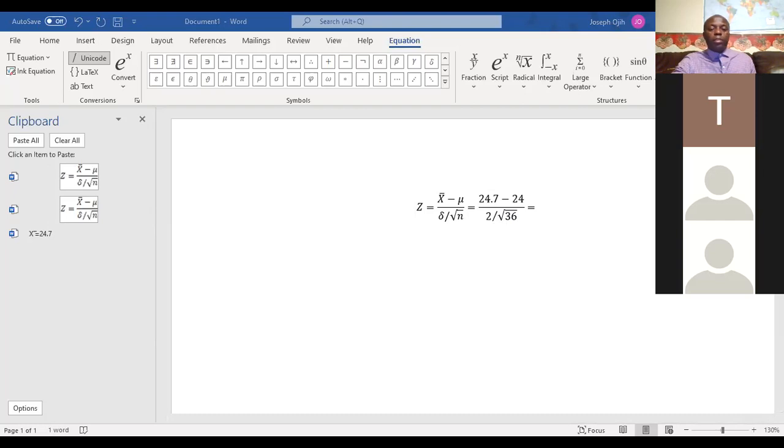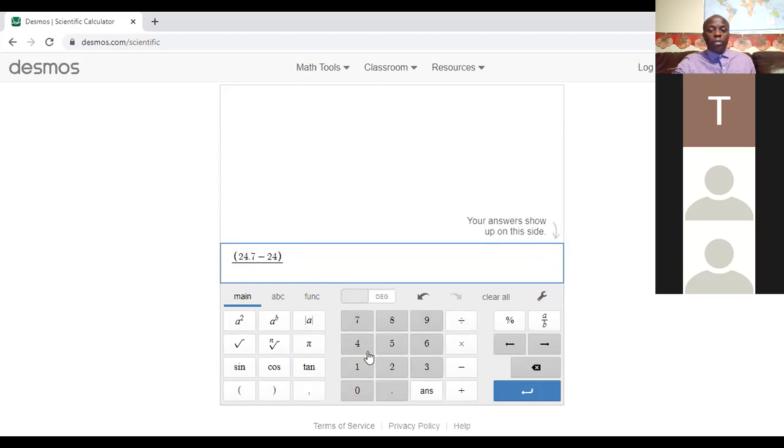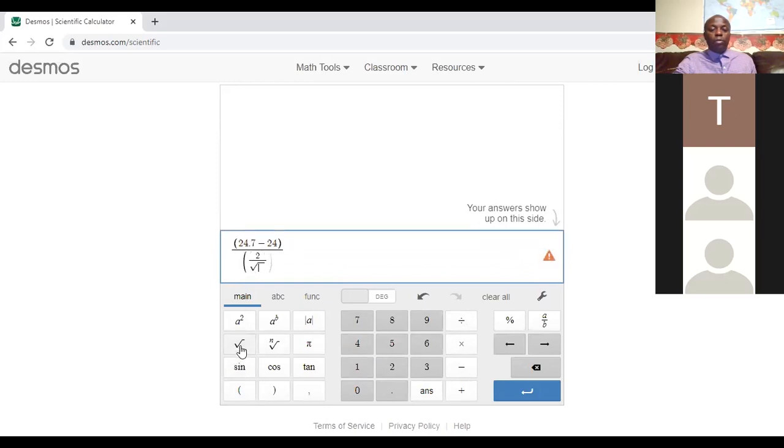So let's get it in our calculator. We have 24.7 minus the mean of 24, divided by the standard deviation of 2 divided by the square root of 36.